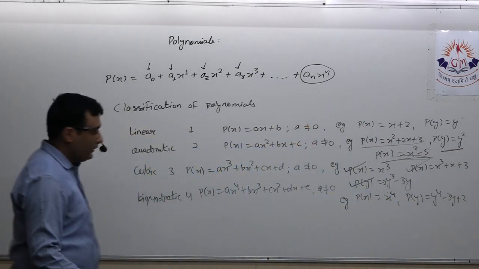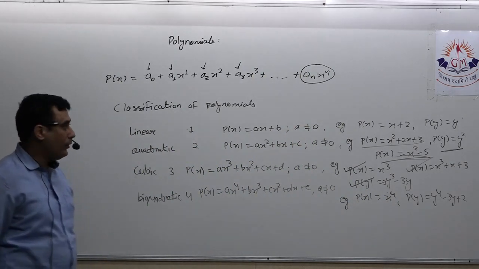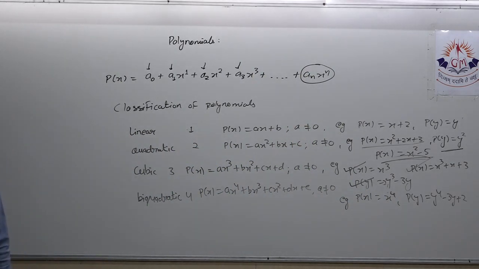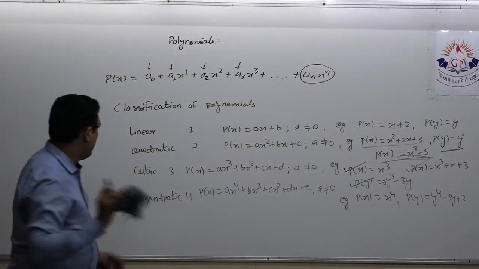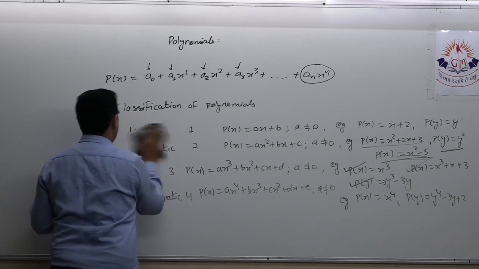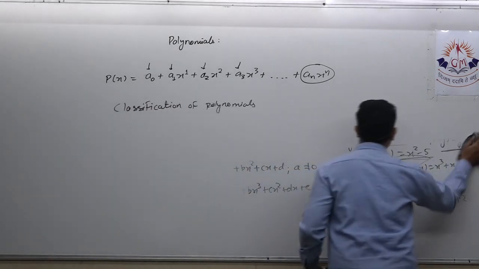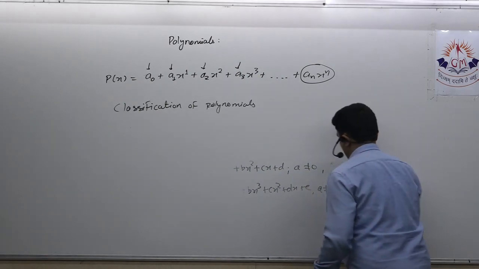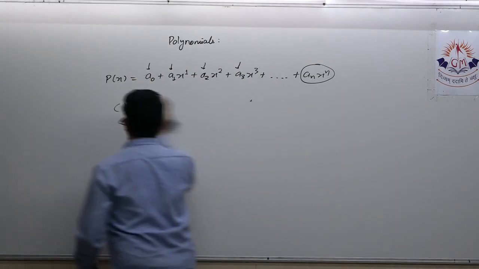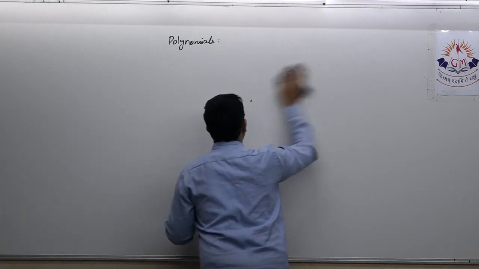So this is the classification of the polynomials on the basis of degree. Now we will see classification on the basis of number of terms. It's very easy. Single term, monomial; 2 terms, binomial; 3 terms, trinomial. That is all about the classification of the polynomial, the basics about the polynomial.